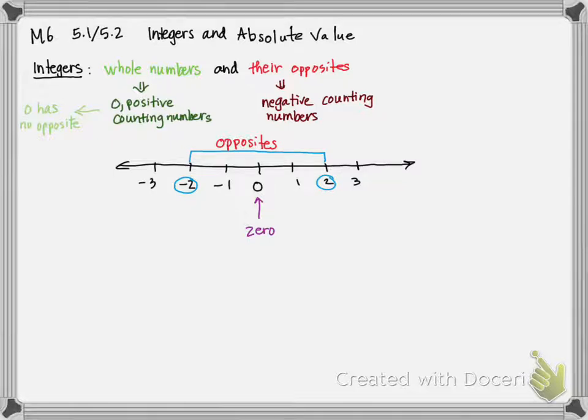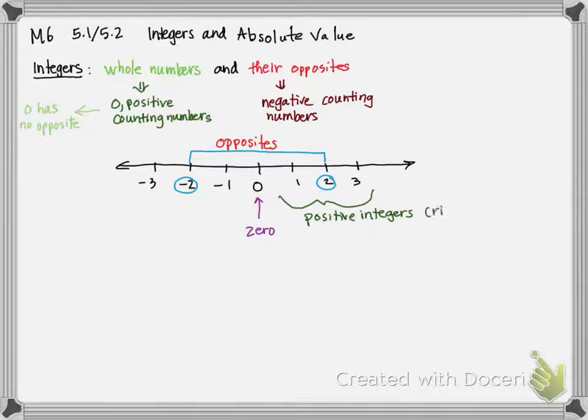Okay? And then let's start on the right side. All of these, the 1, the 2, the 3, those are called positive integers. Honestly, these numbers aren't so much positive as the sign is telling you where it's located in regards to the 0.